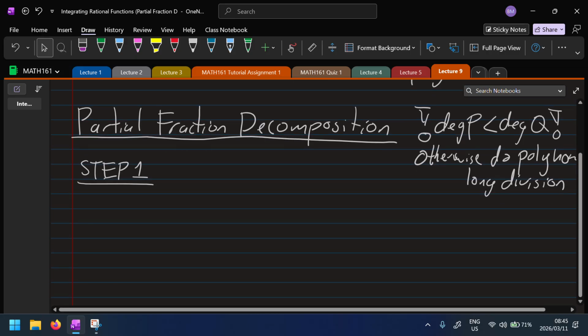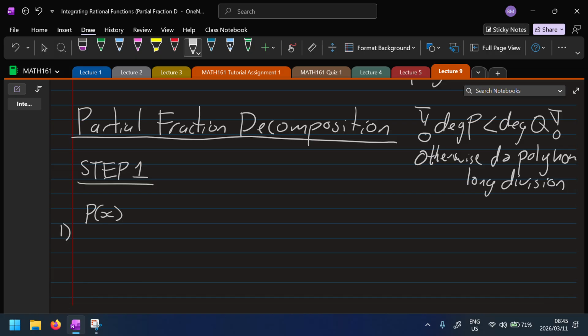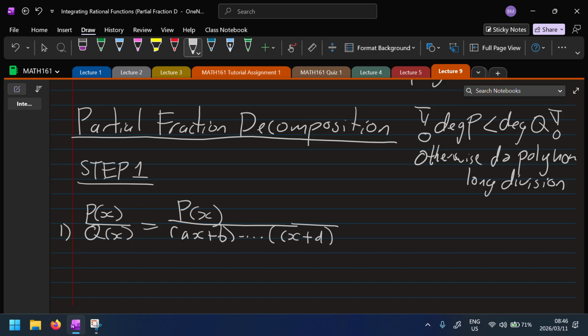You have to do something for each one. Case number 1 is when we have P of X over Q of X. Again, the P is irrelevant. We're only looking at the bottom. For case 1, it's if this Q of X can be factored into linear terms. So the bottom will be AX plus B, dot, dot, dot, maybe CX plus D. If it's quadratic, you'd have 2.